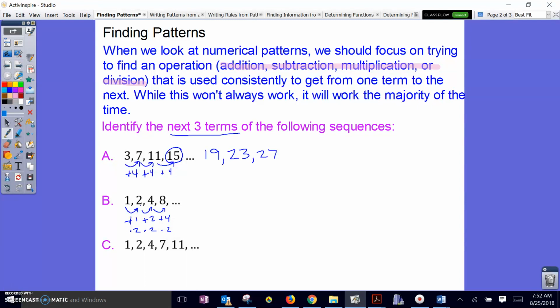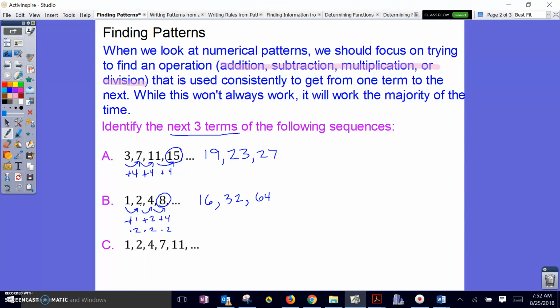And so it looks like I'm generating this pattern by multiplying the previous term by 2. So I'm going to take the last term that I have, multiply it by 2, take that, multiply it by 2, take that and multiply it by 2. And those are the next 3 terms in this pattern.